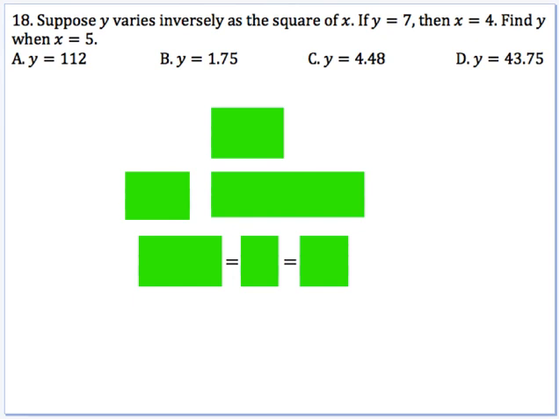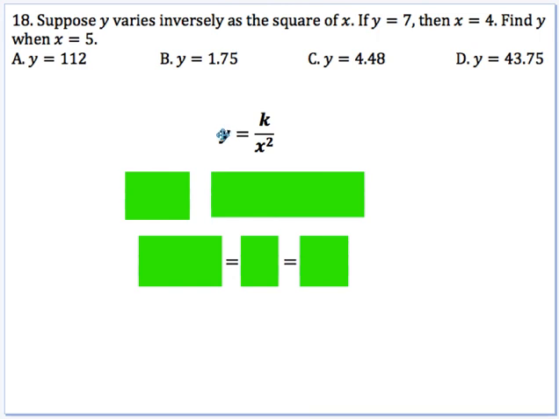Let's move on. All right, suppose y varies inversely as the square of x. If y equals 7, then x will equal 4. Find y when x equals 5, okay? So remember our inverse and direct relationships. Okay, so first we need to find our k value.